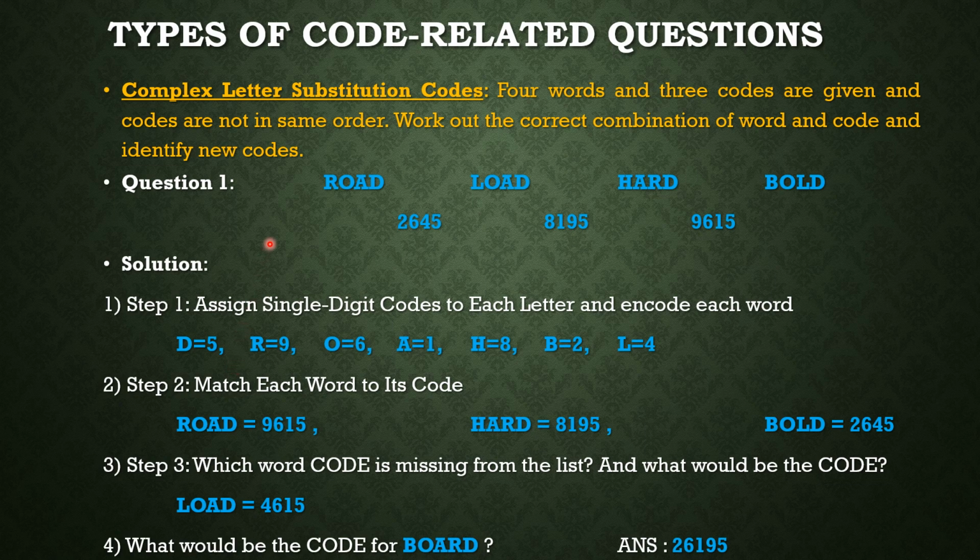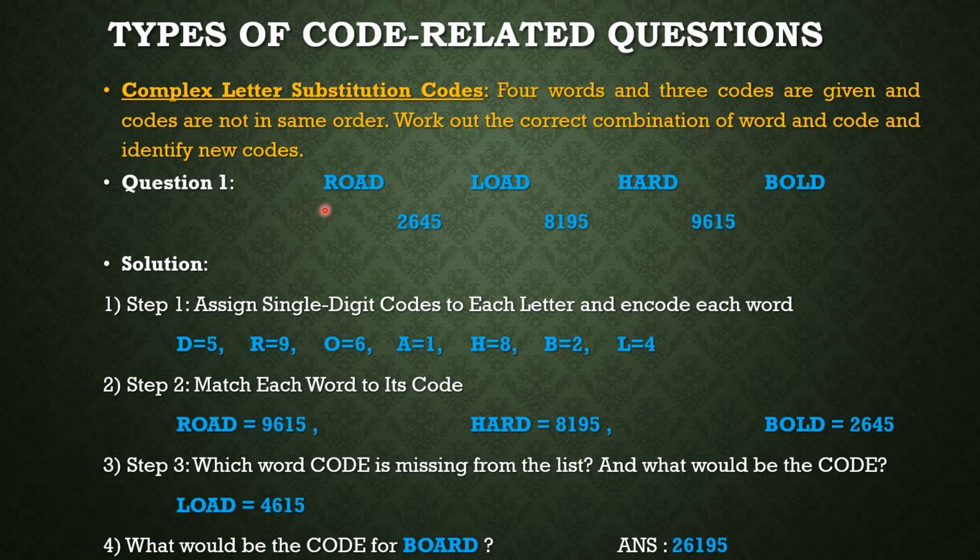And then we look at what the other common item is. Most of these words have O in the second position. If we look at the codes, there are 2 codes which have 6 in the second position. Mostly that should be O. So we write down O is equal to 6 here.